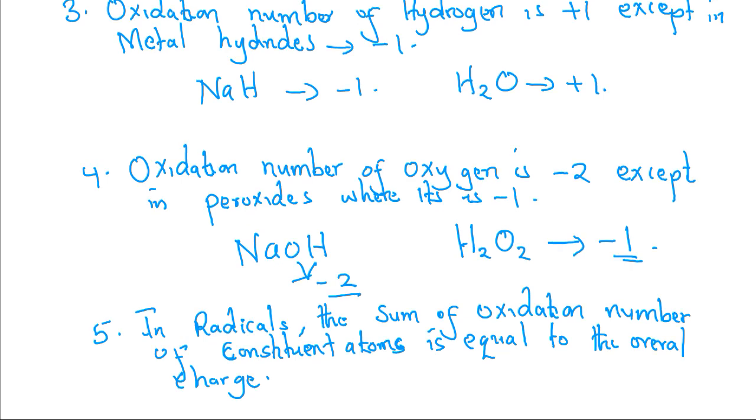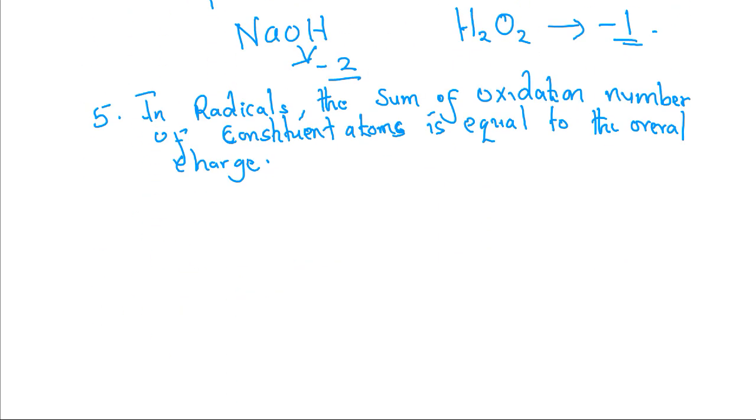For example, in sulfate ion, the overall oxidation number is -2. So if you want to get maybe for sulfur, you equate to -2, and then that will give you the oxidation number of sulfur in that radical.